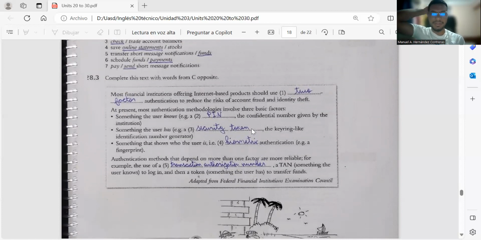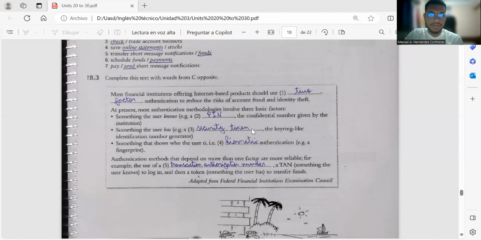At present, most authentication methodologies involve three basic factors: something the user knows, PIN, the confidential number given by the institution; something the user has, security token, the keyring-like identification number generator; something that shows who the user is, biometric authentication, for example, a fingerprint. Authentication methods that depend on more than one factor are more reliable.